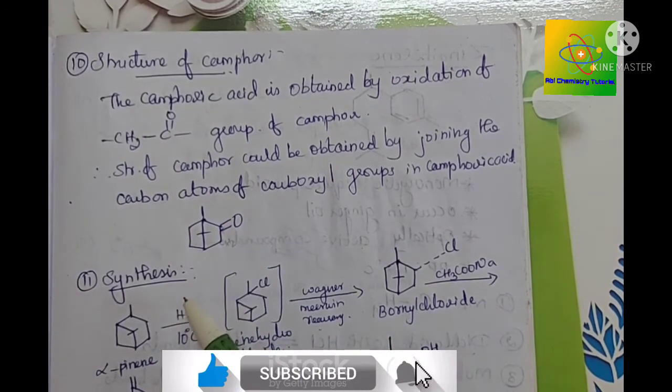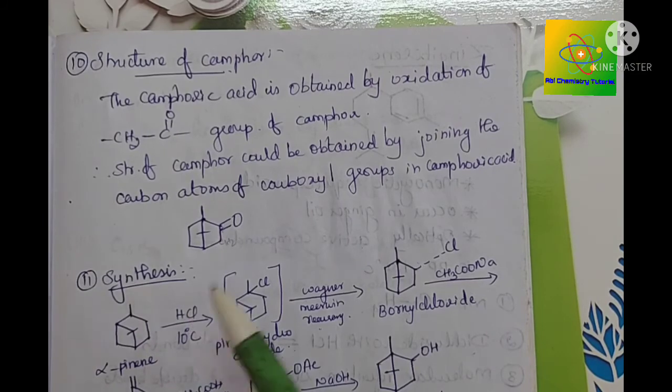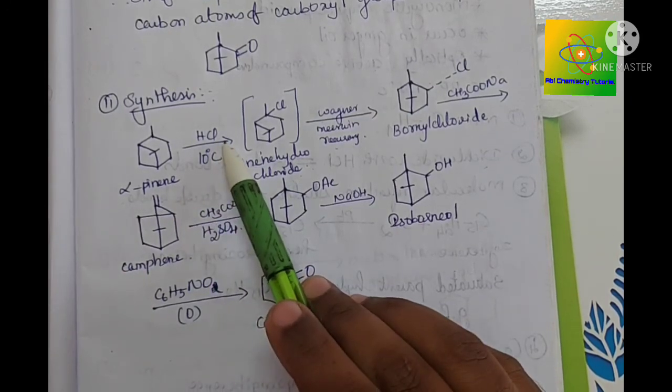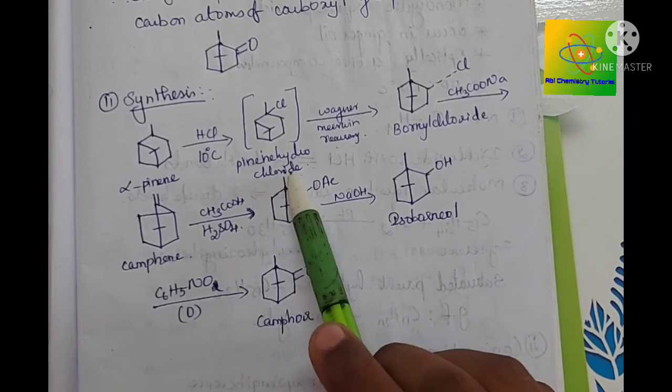So now we are going to finalize the structure of camphor by synthesis. So in case of synthesis, we are starting from alpha pinene. So alpha pinene with hydrochloric acid at 10 degrees Celsius, we get pinene hydrochloride.